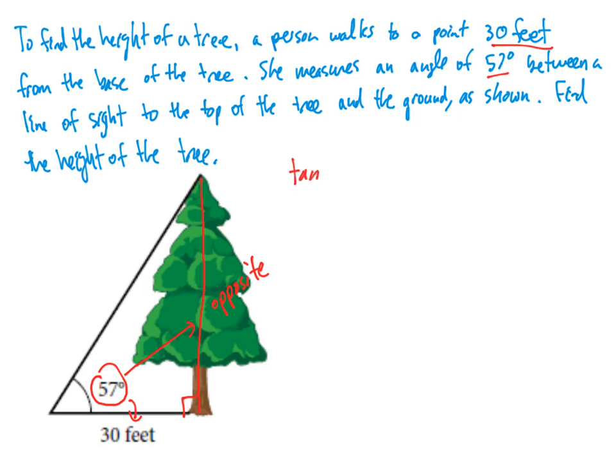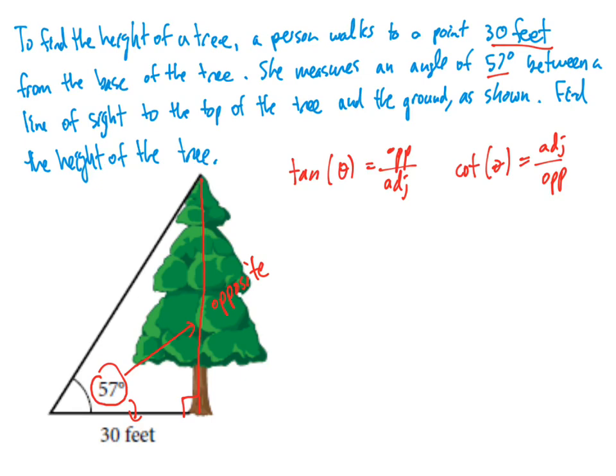Tangent does this, so tangent of some angle is equal to the opposite over the adjacent side. Cotangent also uses these two sides, just the reciprocal of tangent. However, we're going to use the tangent function because the tangent function is going to be on the calculator and cotangent is not. So typically we want to use either sine, cosine, or tangent for questions like this.